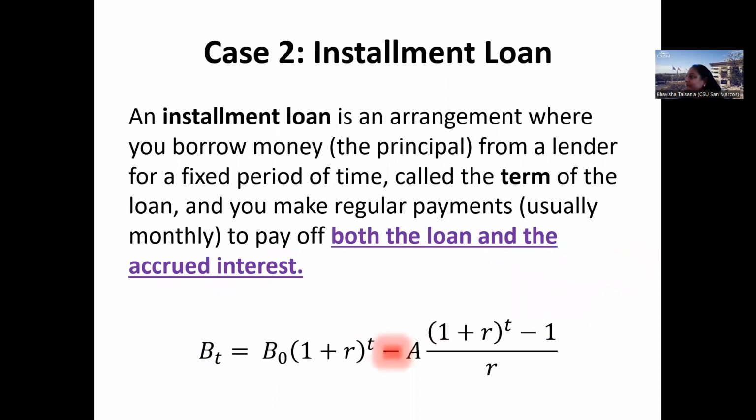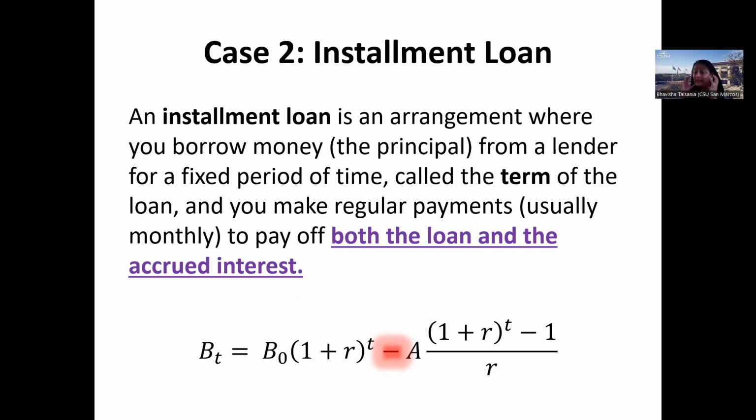All right. I'm going to go ahead and actually start a little bit on installment loans, and then we'll probably start the example stuff in class on Thursday. So an installment loan is an arrangement where the borrower, and this is the second case, where you borrow money, the principal.